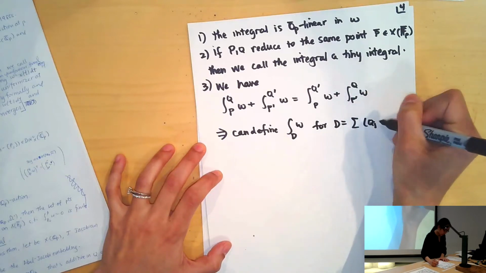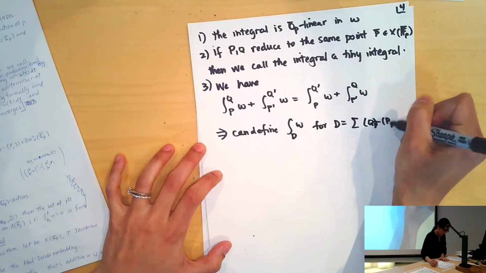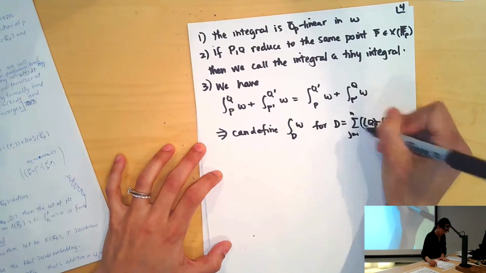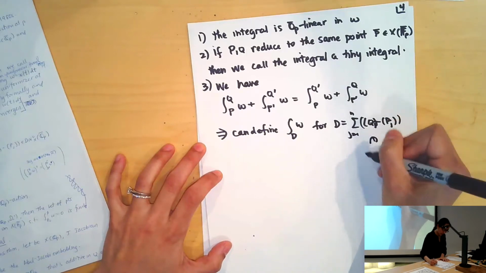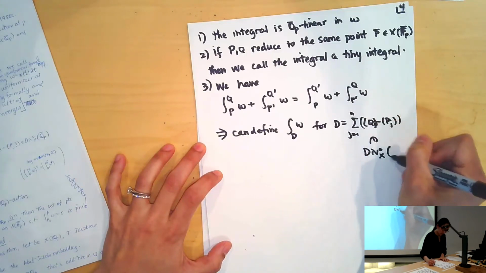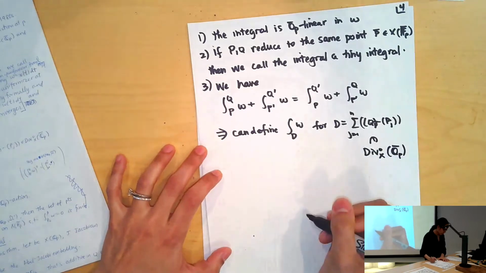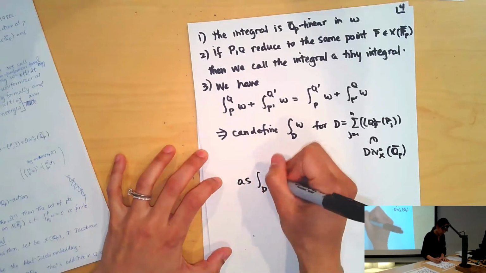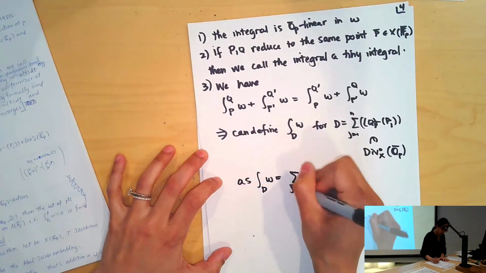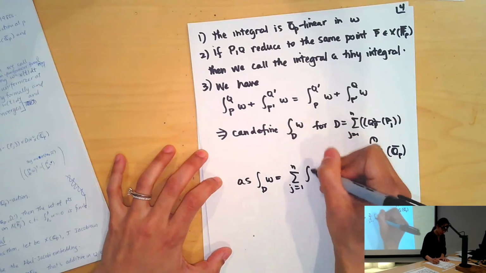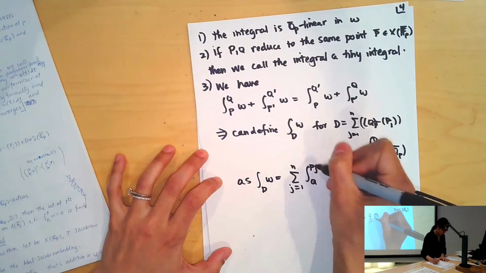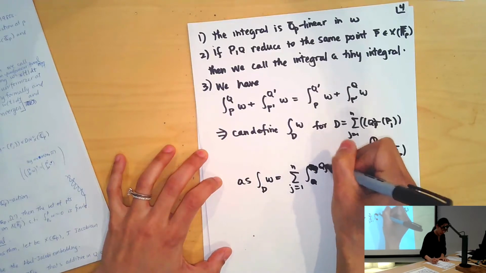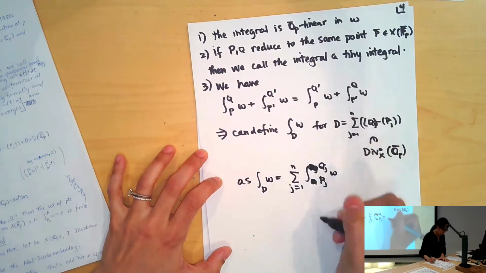So the points Q_j minus P_j, so this is in Div^0 over Q_p bar. And we define this as a sum of integrals, so the sum over j of the integral from P_j to Q_j of omega.